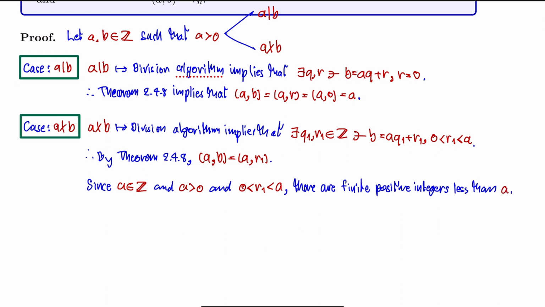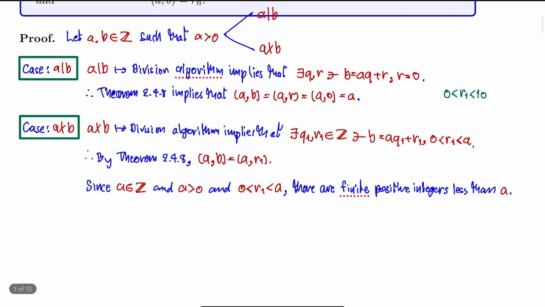Okay, what does that mean? Let me give you some numbers. If you have R greater than 0 and less than 10, what does that mean? How many numbers are there greater than 0 and less than 10? How many positive integers? 9, right?